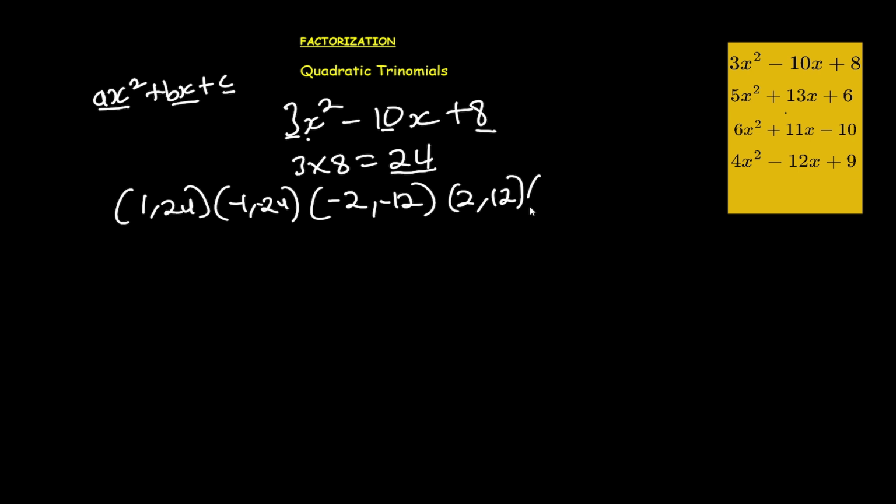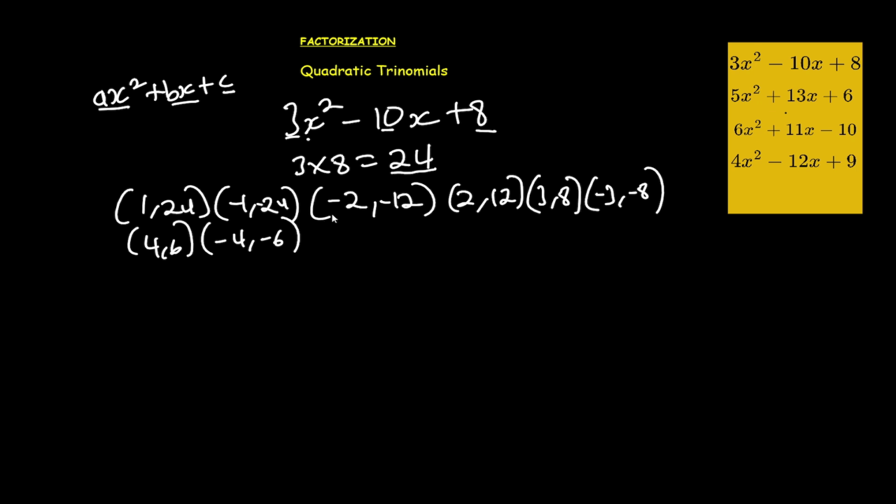And 3 times 8 will give us 24, and -3 times -8 will give us 24. Also 4 times 6 will give us 24, and -4 times -6 will give us 24. All these factor pairs multiply to give 24.